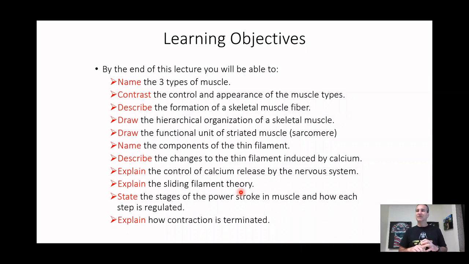And then you should be able to explain what's called the sliding filament theory. This is a theory that's even older than me. Basically it explains how a muscle contracts and how it relaxes. It goes through a cycle that we call the power stroke, where one protein reaches out, grabs another protein and pulls it, and then uses energy to reach out and grab again.